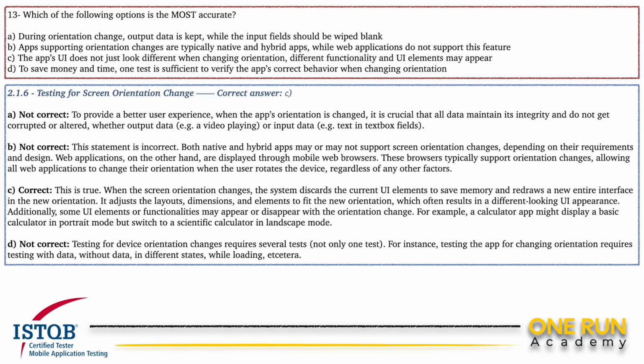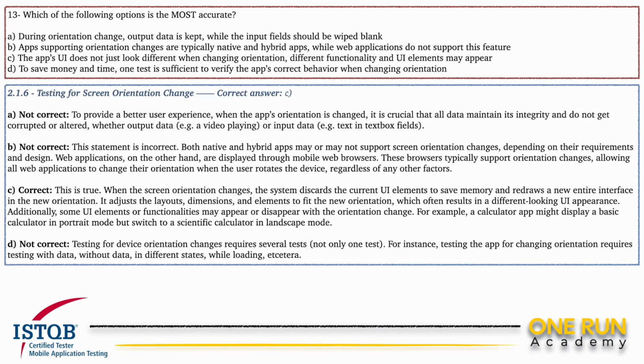Next, option C. The app's UI does not just look different when changing orientation. Different functionality and UI elements may appear. I believe this option is correct. Why? Simply because when the screen orientation changes, the system discards the current UI elements to save memory and redraws a new interface in the new orientation.